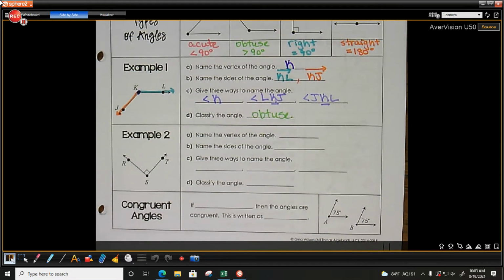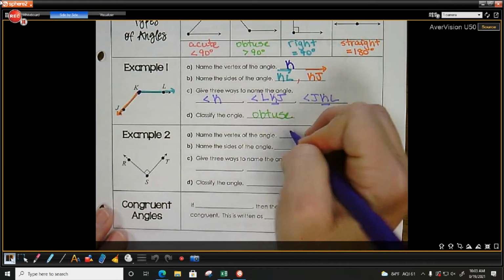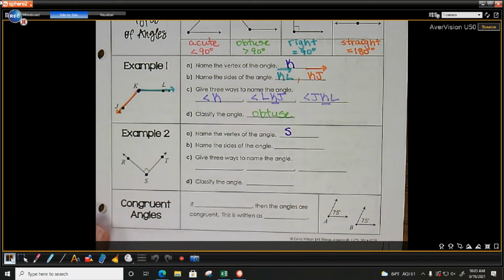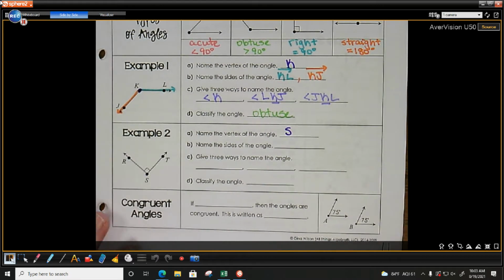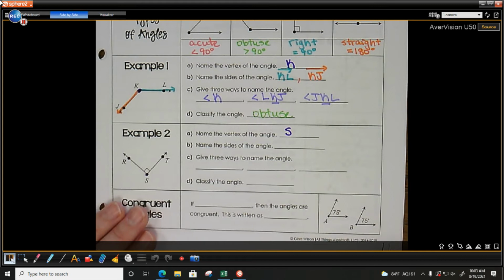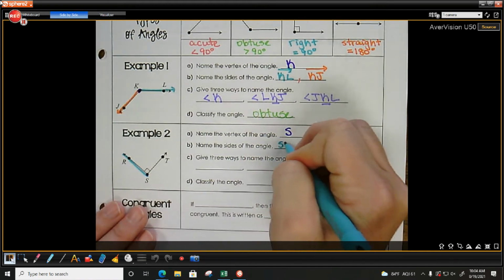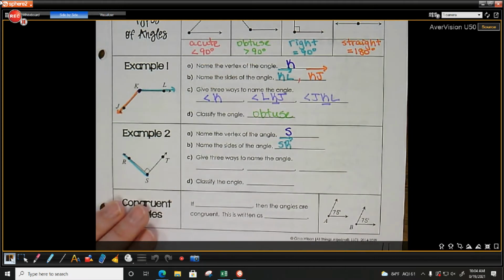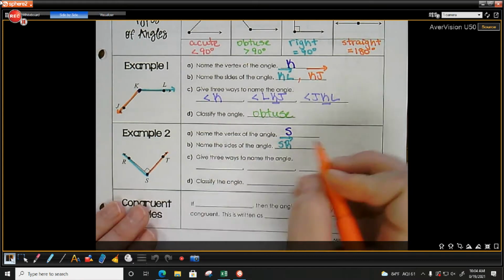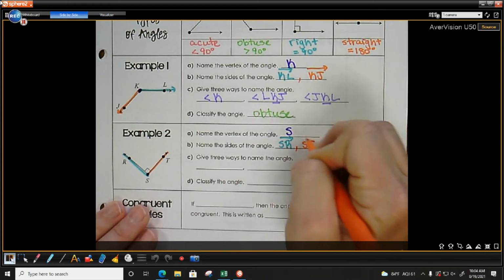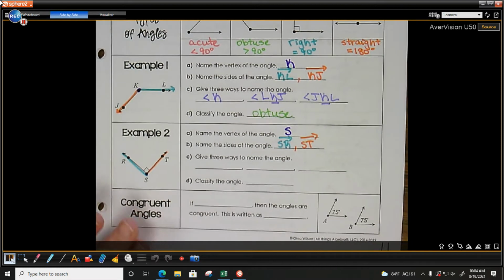Okay, so example 2. Where's my vertex? At S. What are my sides? Ray SR and Ray ST. Okay, 3 ways to name the angle.